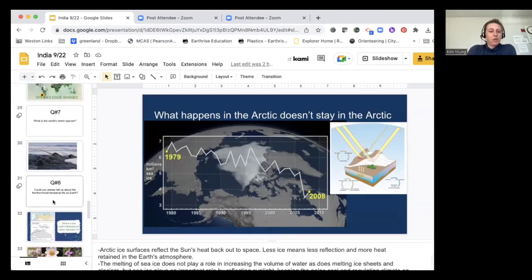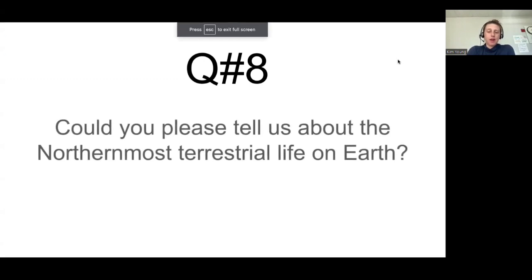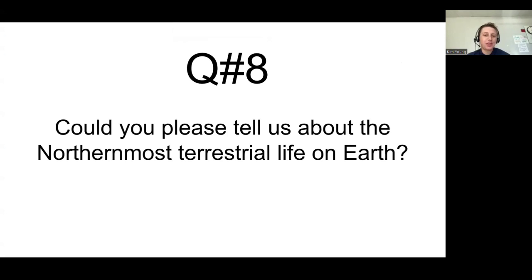Yes. So one group of scientists that I'm working with wants to discover, we actually don't know this. This is an unanswered question in the world. Science does not know what the northernmost life on Earth is. When we talk about terrestrial life, we're talking about life on land, so not life in the sea or in the air, but what is the northernmost plant or animal that exists in the world?